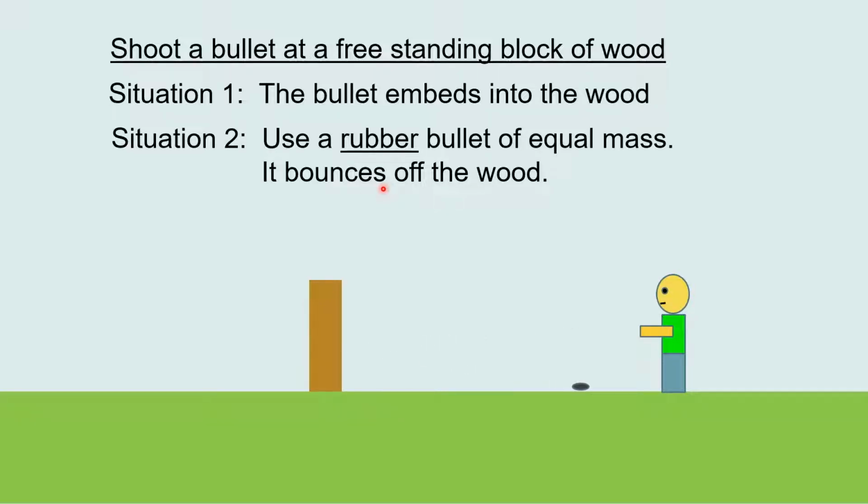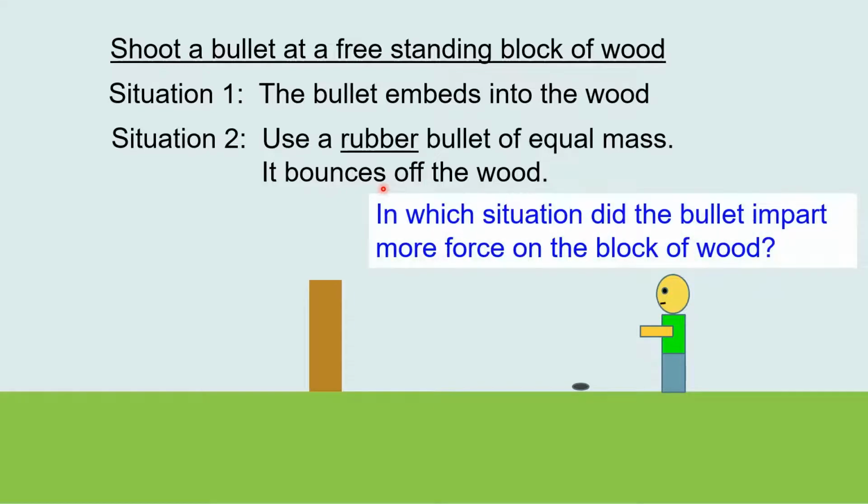Now, the question I want to ask out of all of this is, in which situation did the bullet impart more force on the block of wood? So we need to ask ourselves an important question here. Can I use conservation of momentum? Well, what object are we really interested in? What motion are we really interested in?